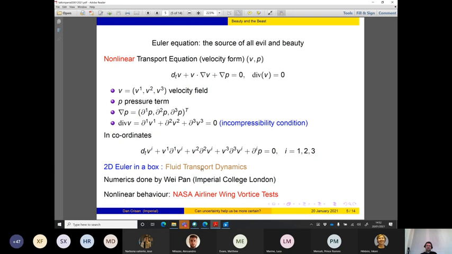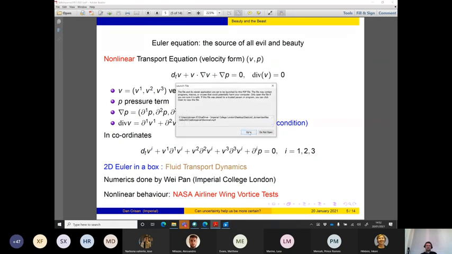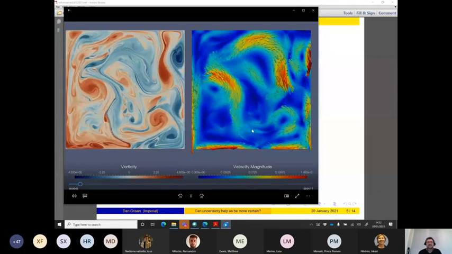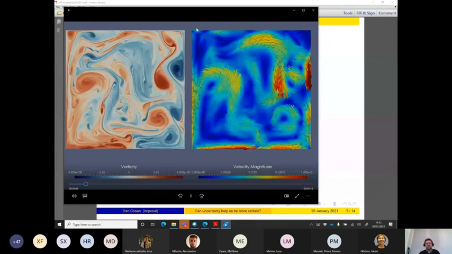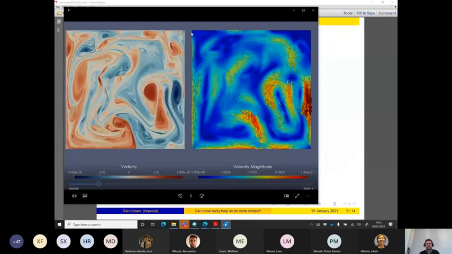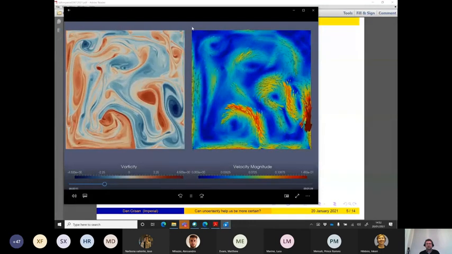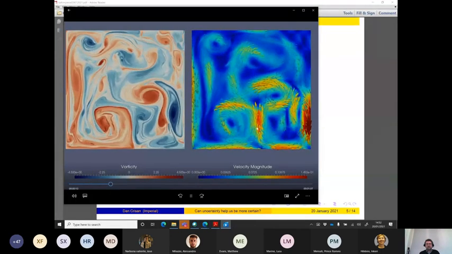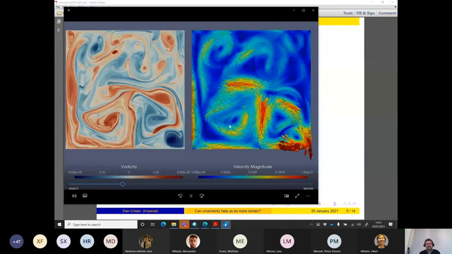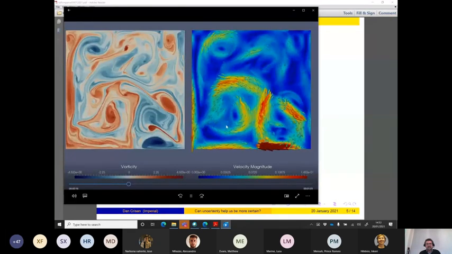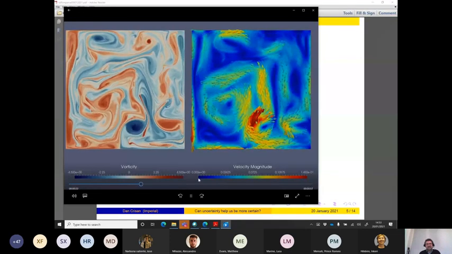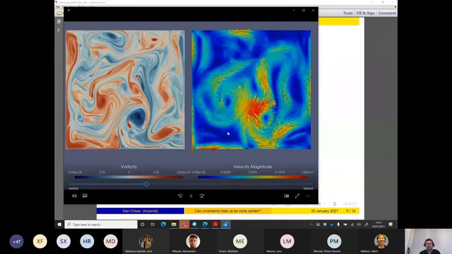So what I'm going to show you now is a simulation. This is just a numerical simulation of Euler in 2D in a box. So we have a 2D fluid which is forced to remain in a box. Now on this side, what you have is just the velocity, right? And the color means that if it's dark blue, there is no velocity at all.